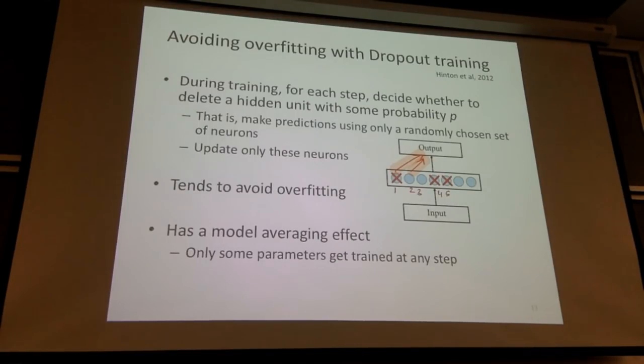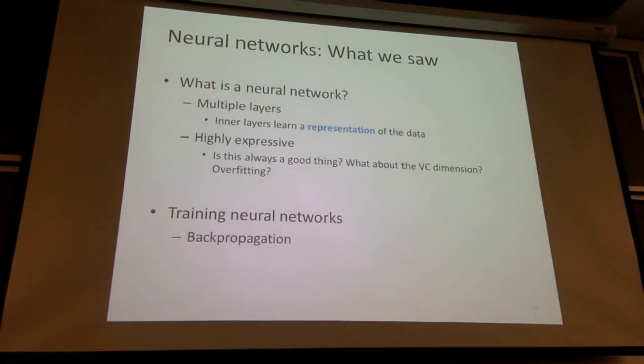Okay, so I'm going to start wrapping up the neural network part of this class. What we saw was just a very high-level introduction to neural networks. Neural networks are probably best thought of as computation graphs with multiple layers. The reason they exist and are popular is because they answer the question of where the features come from.